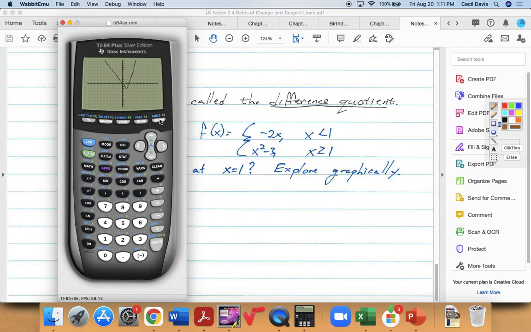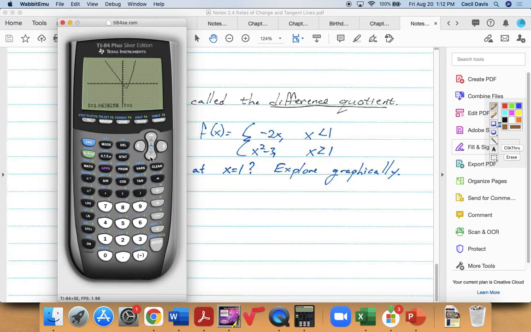Okay, so if we zoom in on the point, what was that, 1, negative 2?